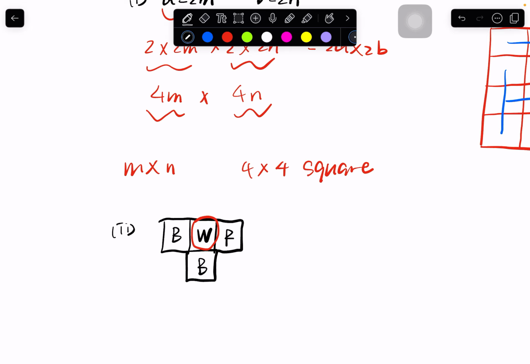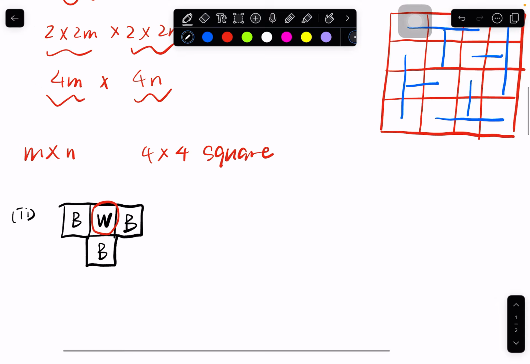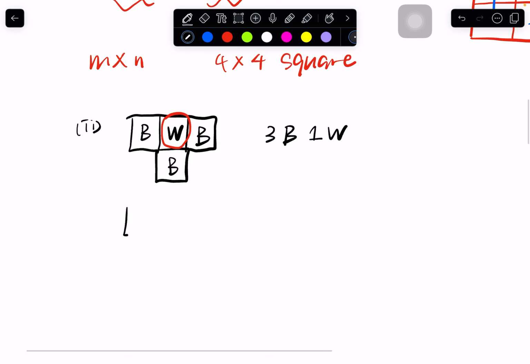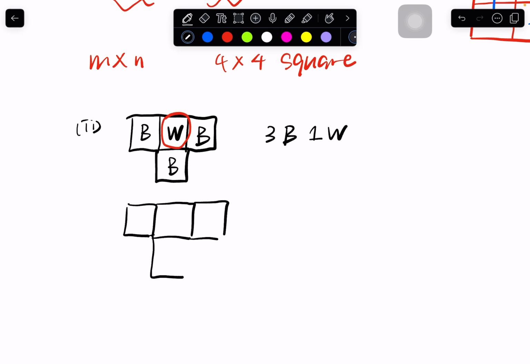So a tetramino would have 3 black squares and 1 white square. In the second case, the central square is black and the neighboring squares are all white.